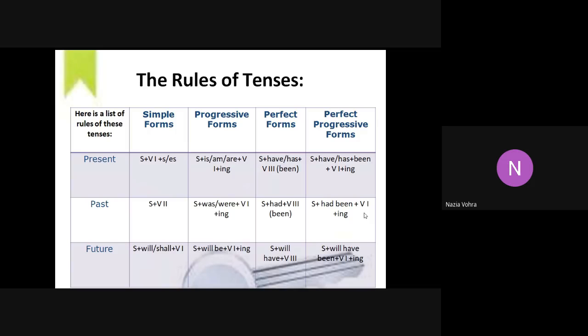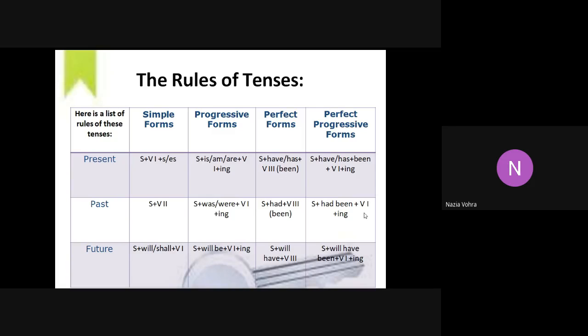So now let's see the rules of tenses. When it's a present tense in the simple form, we have a subject plus verb one, plus we add an s or an es.